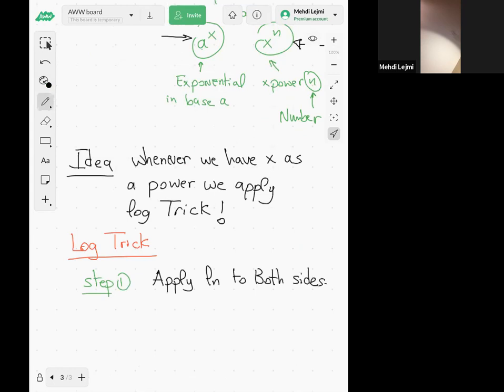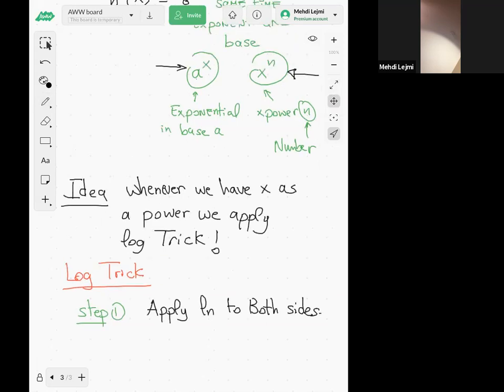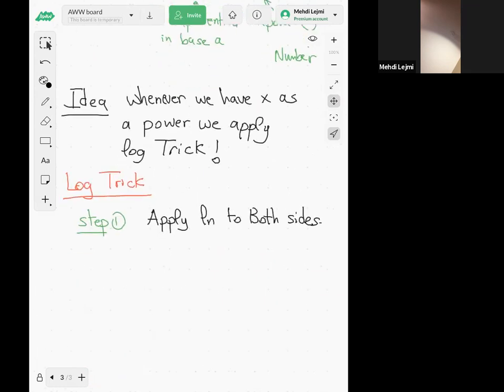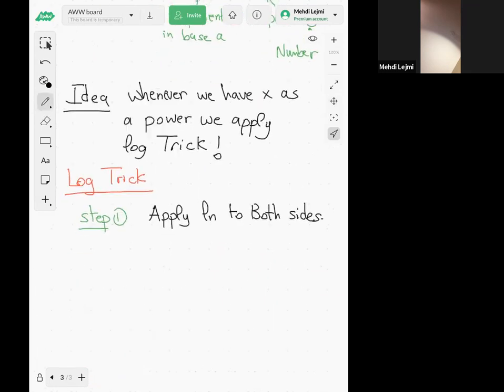Okay, so for example here, we have h of x equal to x to the power x, right? So what we're going to do is apply natural log to both sides. I'm going to apply natural log here and natural log here.